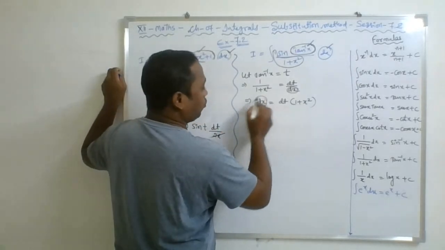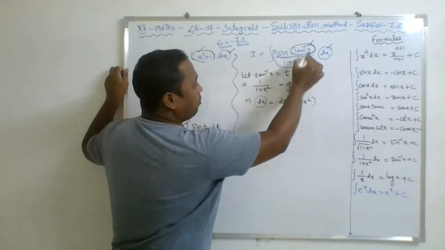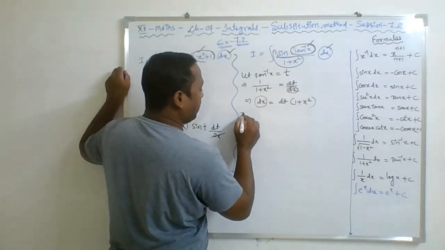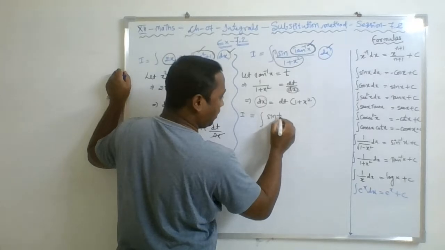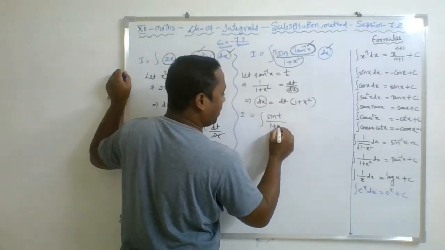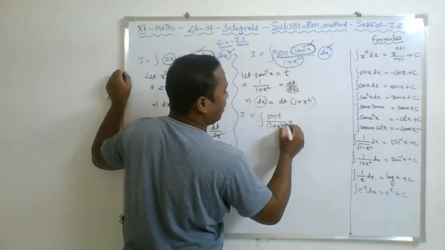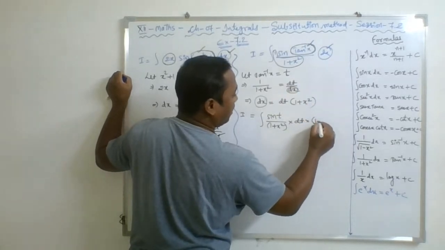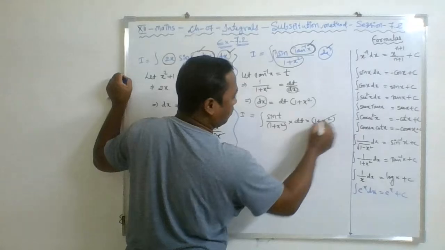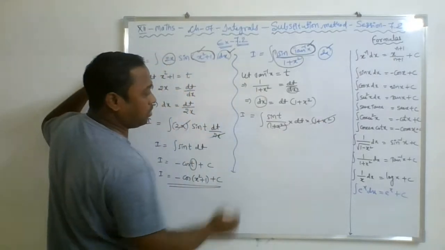Hence now dx also we got. So now just replace these two things in the question. So sine t upon 1 plus x square into, in place of dx, you can write dt into 1 plus x square, and this will get cancelled.